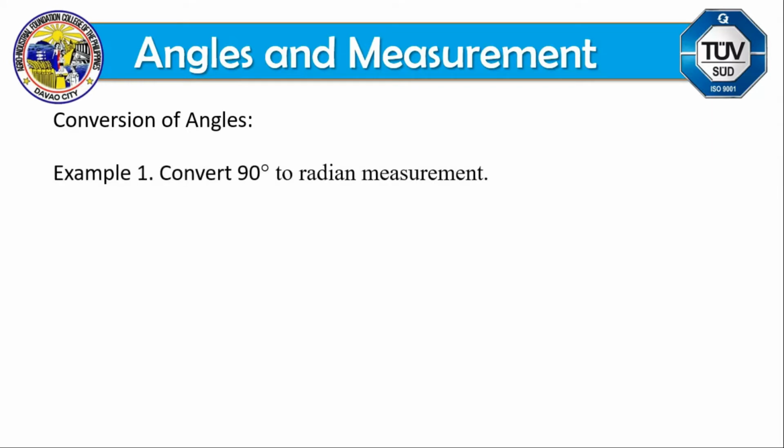For the conversion of angles, for example, convert 90 degrees to radian measurement.